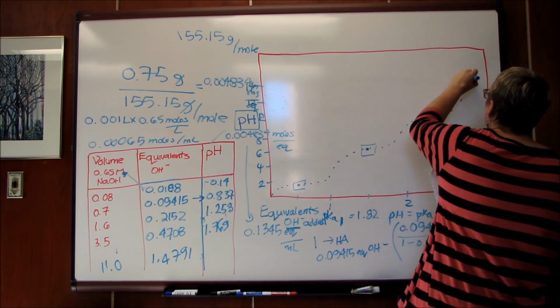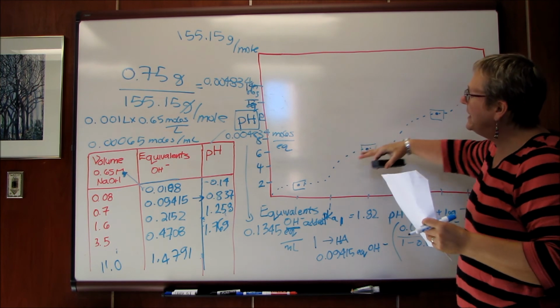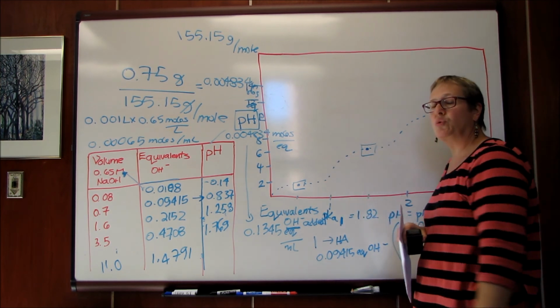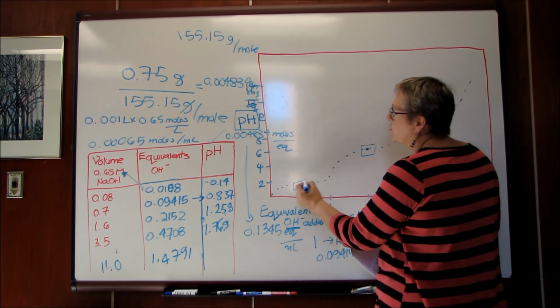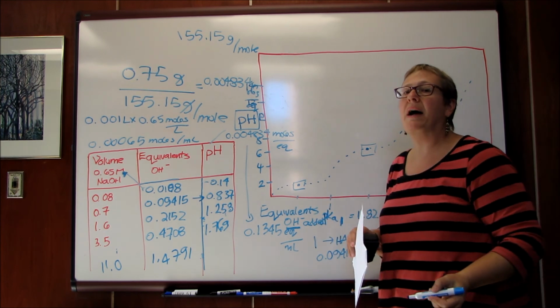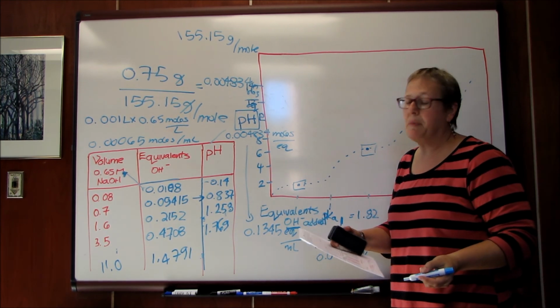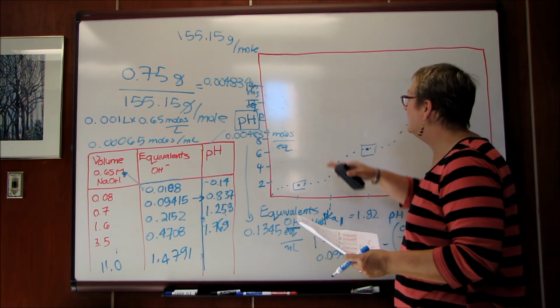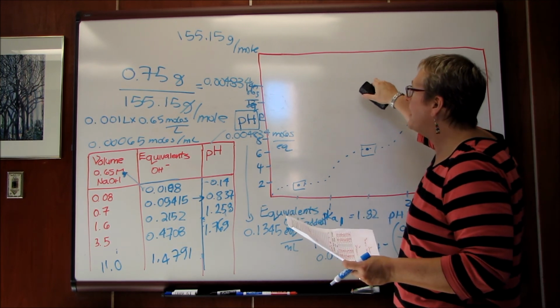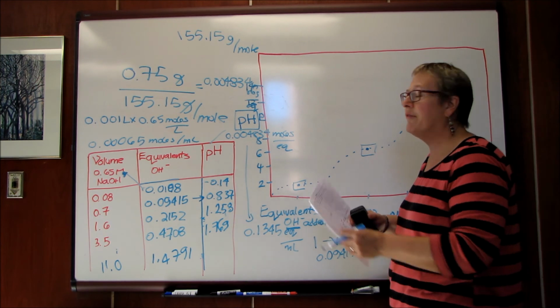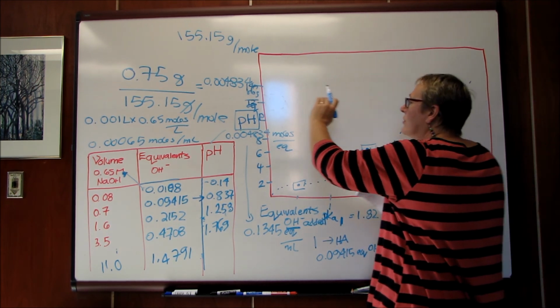You're going to have flat bits around the pKa and steep bits between them. The flat bit is where you've got your maximum buffering capacity, and the steep bits is where you're not having maximum buffering capacity.